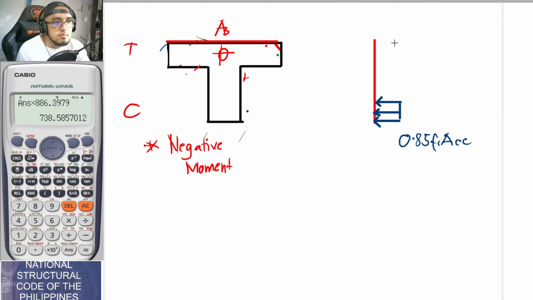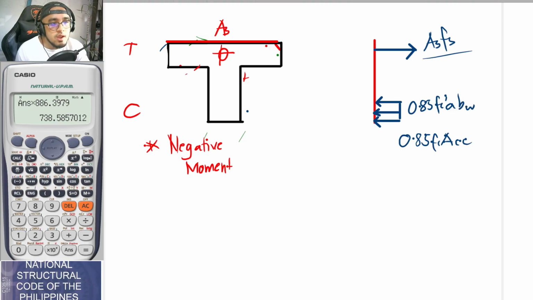And this is to be your tensile force, and that is to be ASFS. And if that is to be the case, guys, you will just analyze this as a rectangular beam. Because, of course, if this is to be subjected with tension, we are to assume that it is not of importance here. So with that, guys, this is to be 0.85 FC prime ABW, if, let's say, this is to be your compression block.